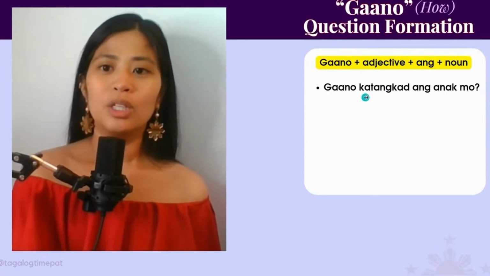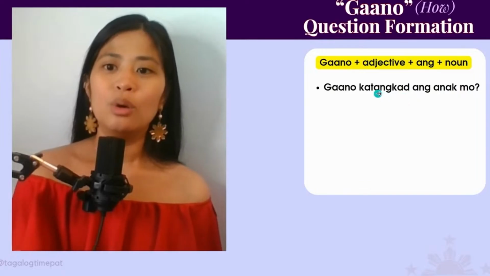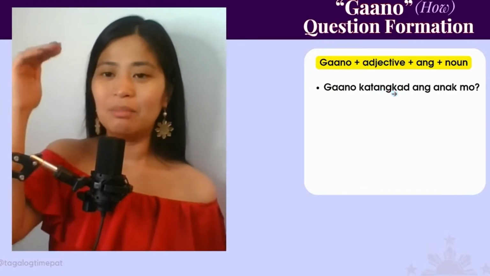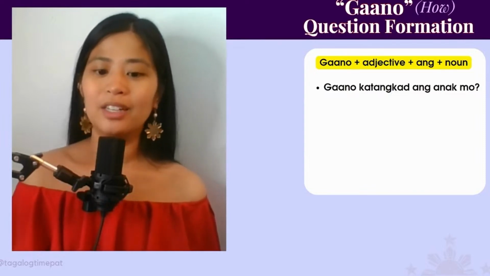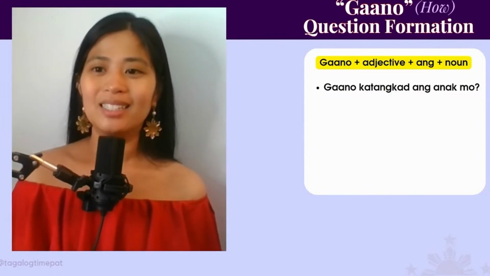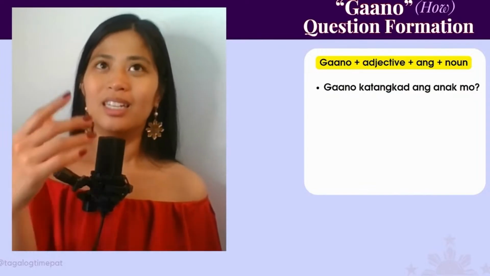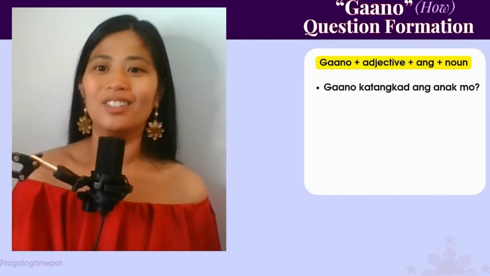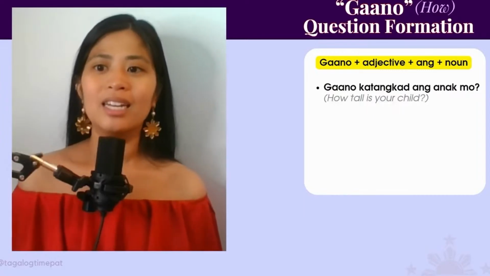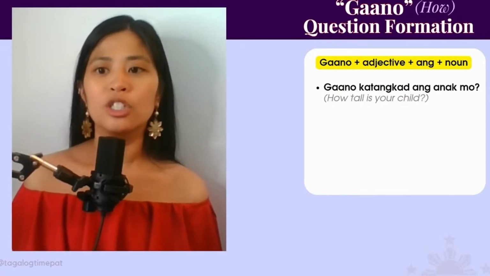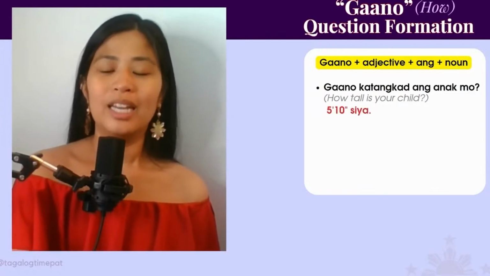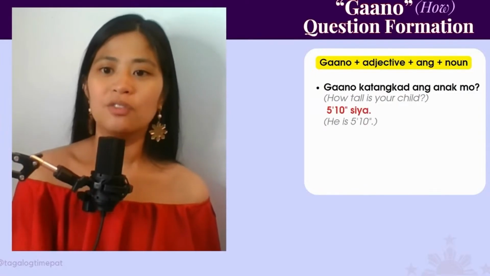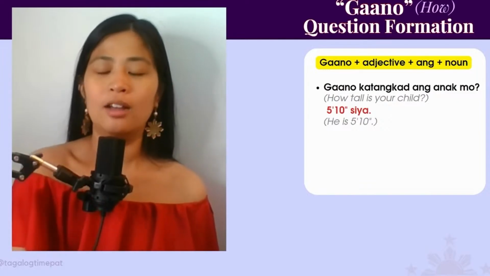Even if you've never heard the word katangkad, but you know the word matangkad. Matangkad means tall. Hopefully you can kind of maybe guess that this is asking about the height of someone's child, right? So, gaano katangkad ang anak mo? How tall is your child? Oh, the answer would be 5'10" siya. He is 5'10".